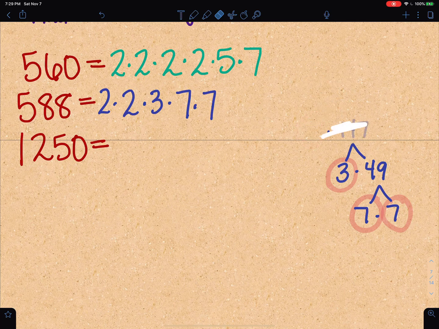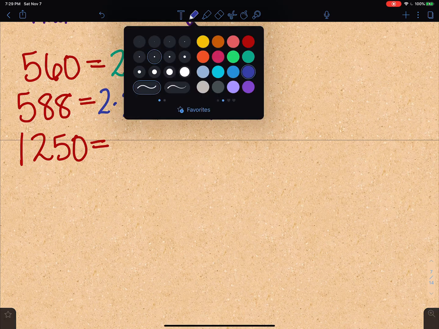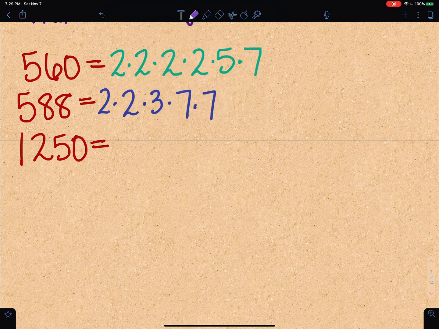Okay, so I'm going to go ahead and erase. And I bet this one's going to be a fun one too. Let's do the number 1250. Actually, I am going to pick a different color because I don't want these to get confusing and run into each other. 1250. So I know that's divisible by 2, so I've got my handy dandy calculator out. 1250 divided by 2 is 625.